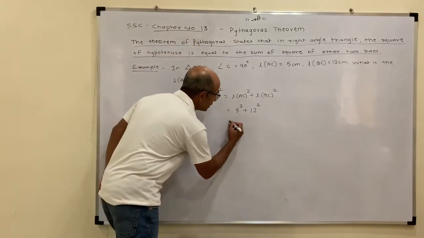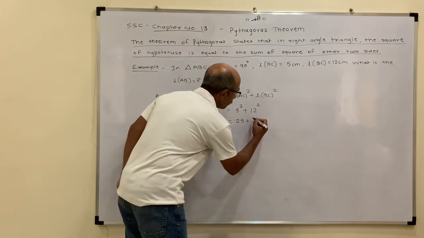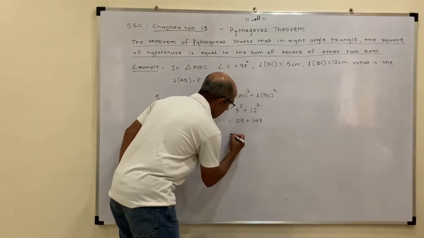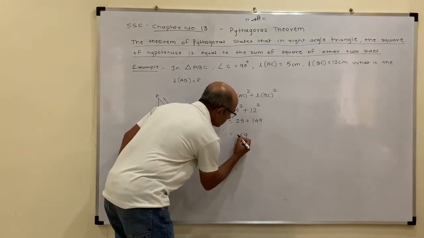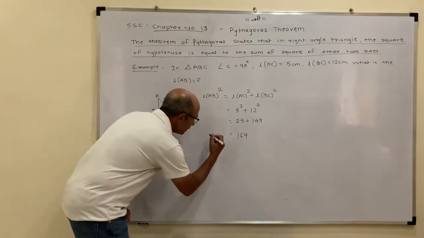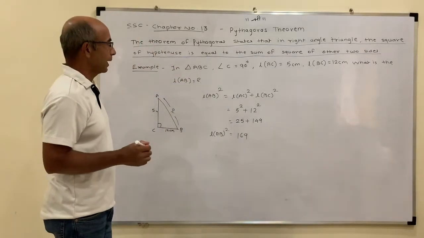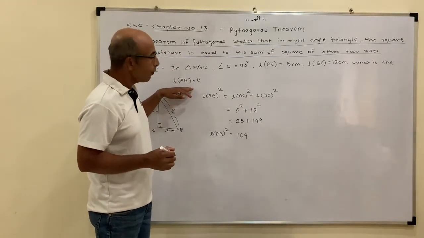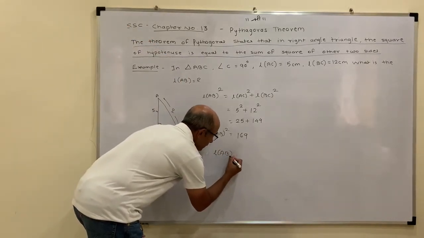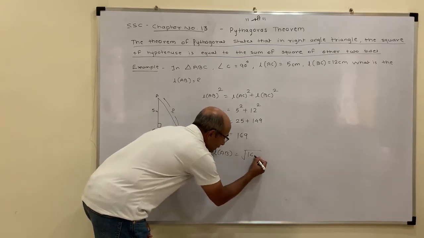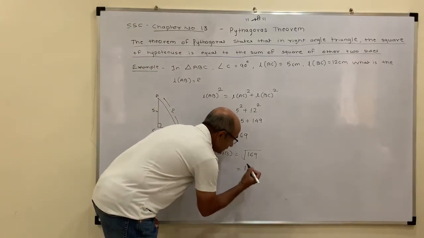So next step, 5 square is 25 plus 12 square is 144. 25 plus 144 is 169. So length AB square is equal to 169. But we need to find the length of AB. So length AB is equal to square root of 169. Square root of 169 is 13.